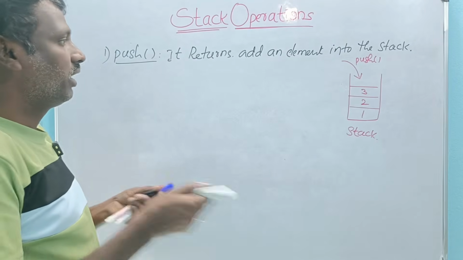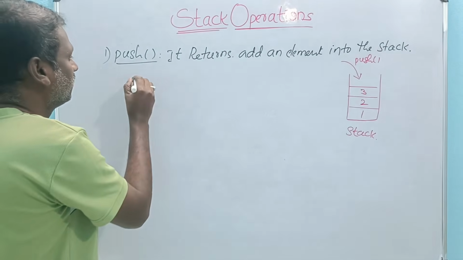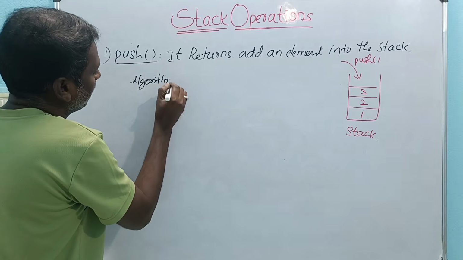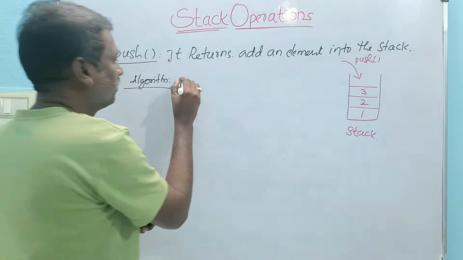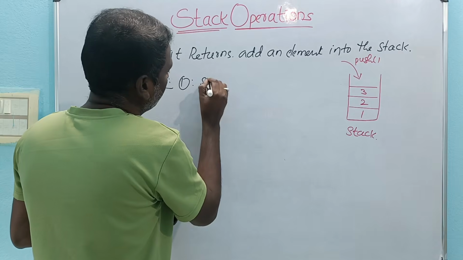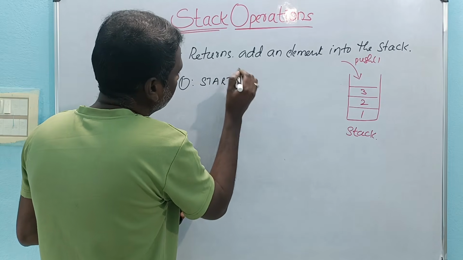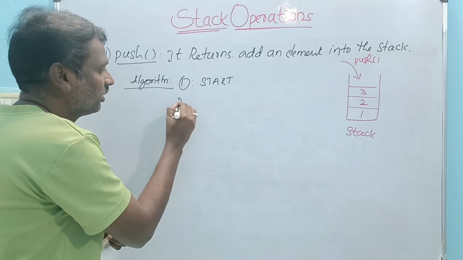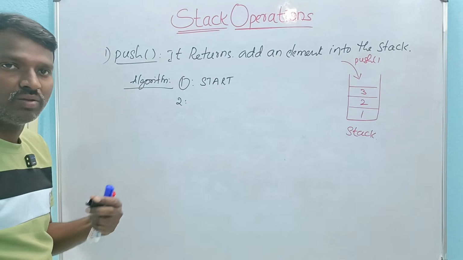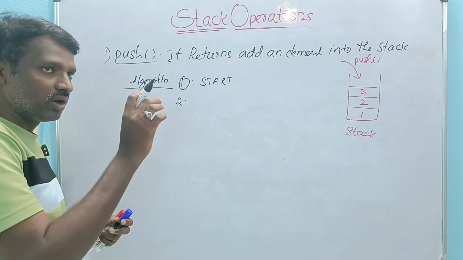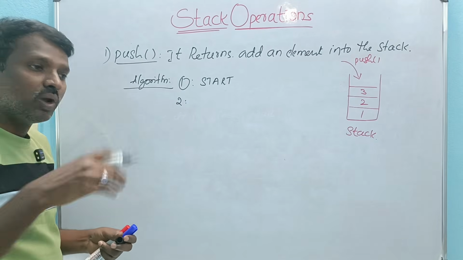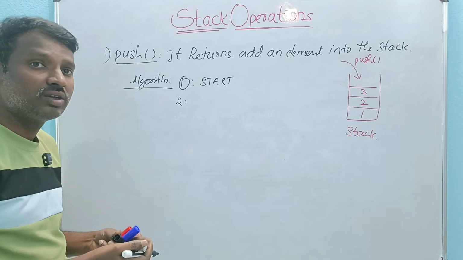Next, the algorithm. Step by step. Step 1: start. We are starting the procedure of pushing. The second step: if we push an element in our stack, at that time we check the condition.